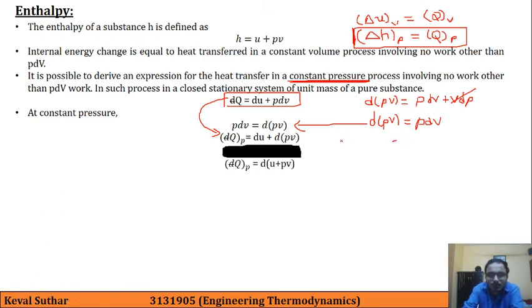So now we can write dQ at constant pressure is equal to d of the bracket U plus PV. We can take U and PV terms together. So dQ at constant pressure is equal to dH.